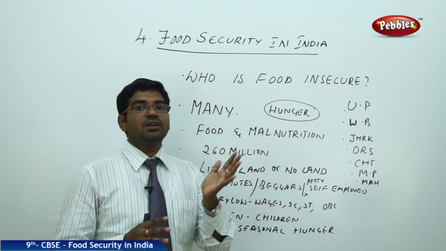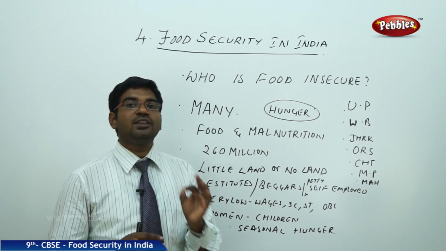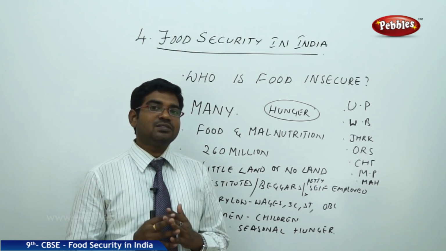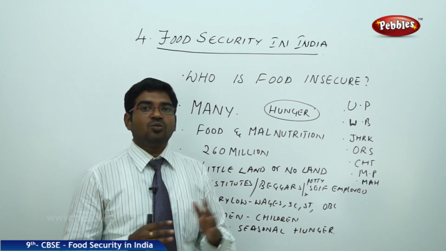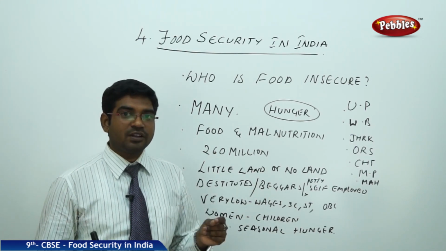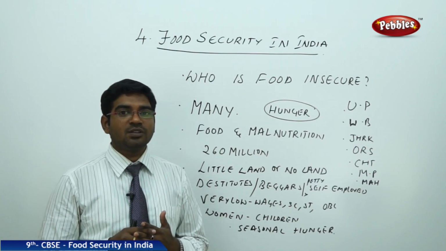When they migrate, they find it very difficult to find any work at all, and they have to live in the nearby bastis or slums where the rent is very low, which they can afford, but the hygiene and sanitation conditions are horrible for them to survive.